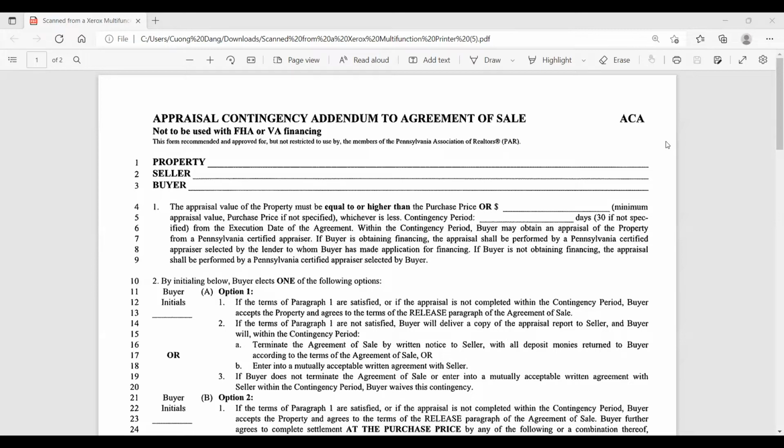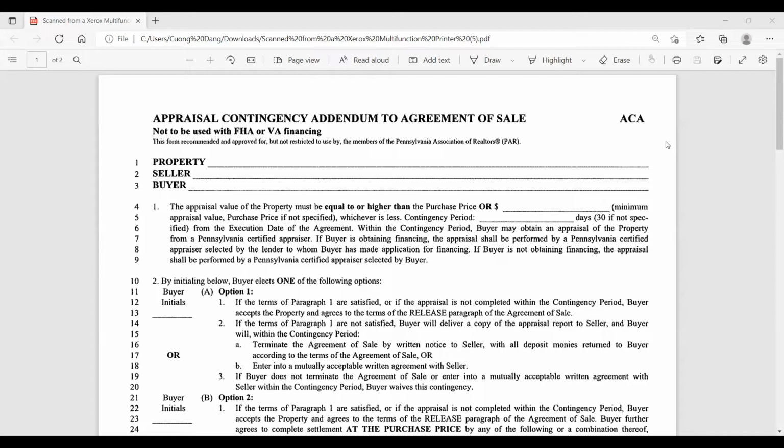Yes. Yep. And again, it's whichever is less. So the purchase price is $375,000, and you write in the blank $300K, then it only has to appraise for whichever is less. So it's kind of the same concept, just different wording, I guess. Yep.